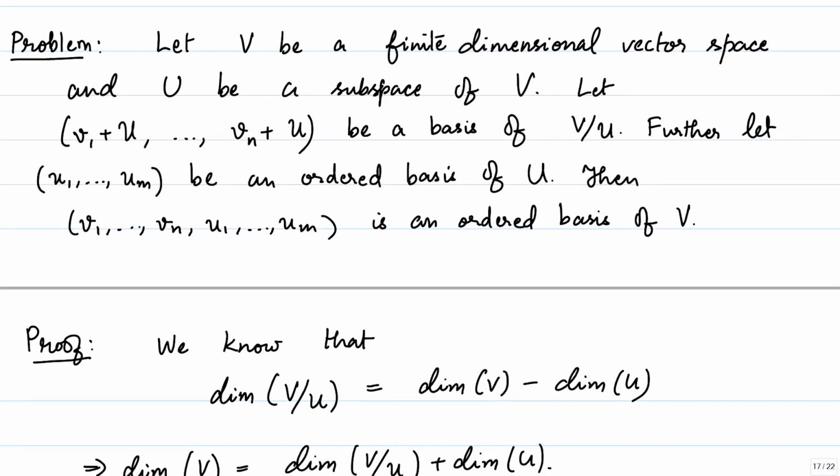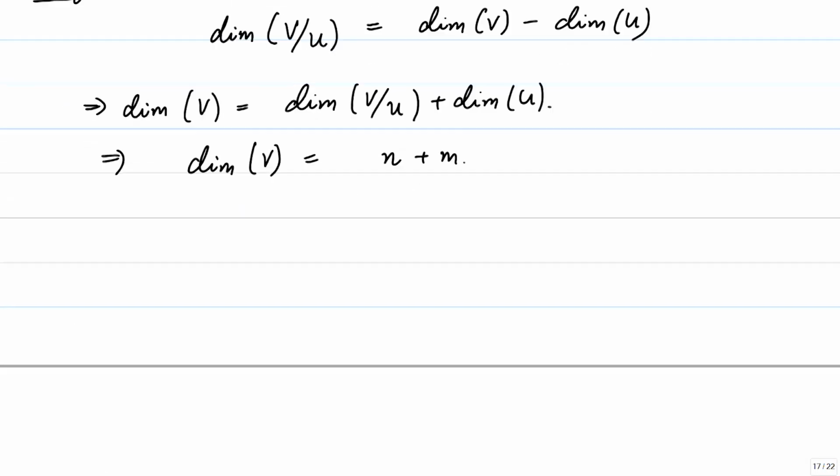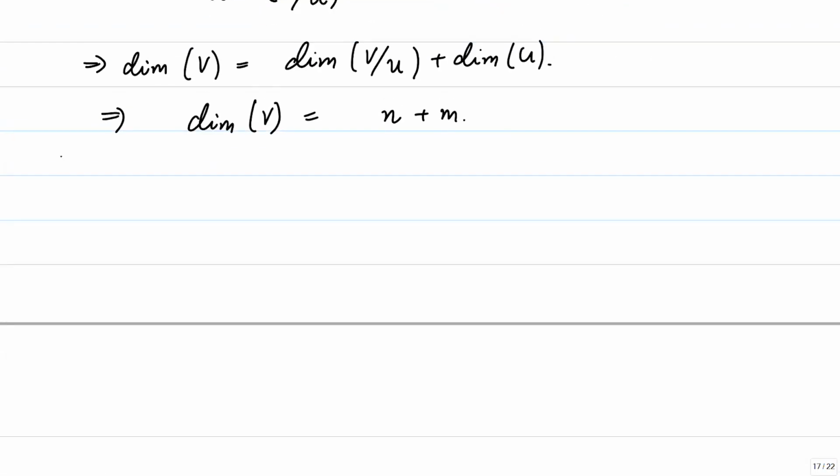Right? So notice that V1 plus U up to Vn plus U is a basis there. Similarly, u1, u2 up to um is a basis of capital U. So consider beta to be equal to V1 to Vn, u1 to um.